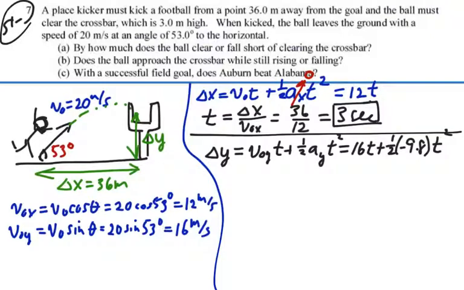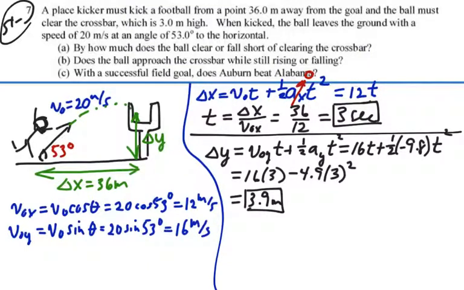So it's going to be 16 times 3 seconds minus 4.9 times 3 seconds squared. And this is equal to 3.9 meters. Since 3.9 meters is greater than 3 meters, the ball clears the crossbar.